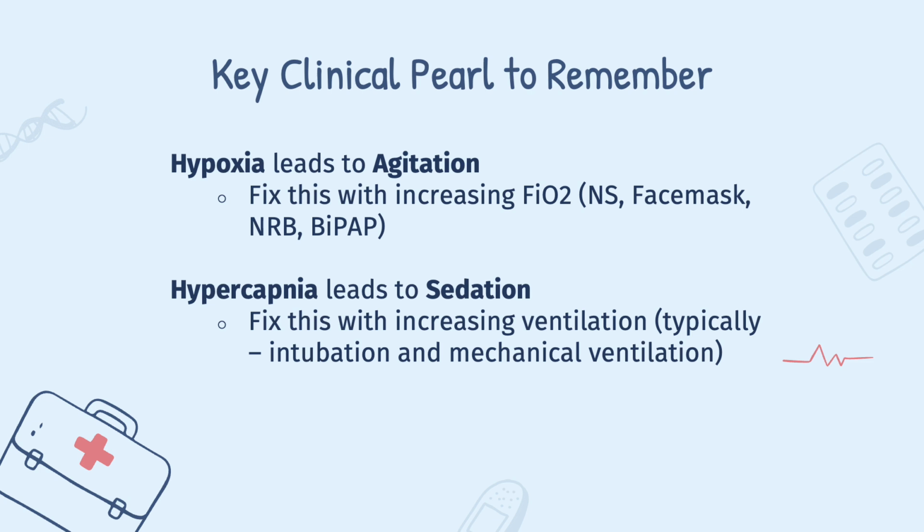Those patients have altered mental status, they're out of it, and you really fix this by increasing ventilation. This is typically going to be intubation and mechanical ventilation. So those are two key clinical findings: agitation, think hypoxia; sedated, altered mental status patient, think hypercapnia.